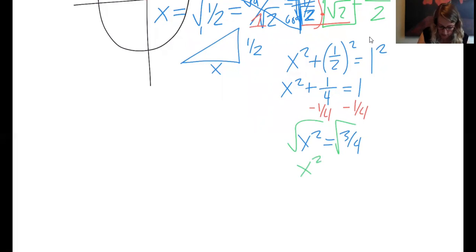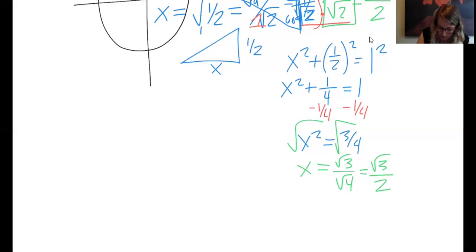I also just learned that taking the square root of a fraction means I can take the square root of the top and the bottom, which in this case is a lot easier than the last one because I don't have to rationalize anything. Square root of 3 stays on the top, but thankfully the square root of 4 is 2. So there's that square root of 3 over 2.